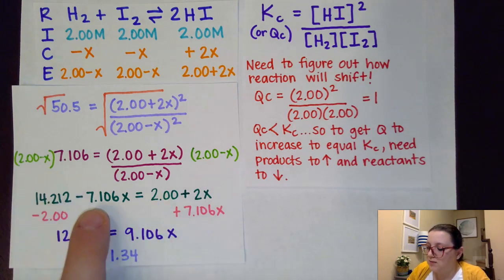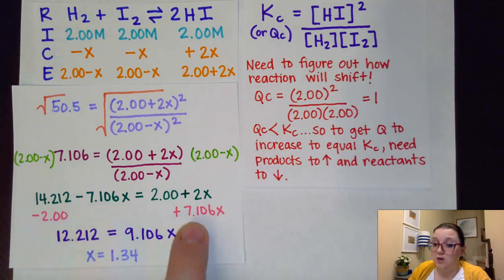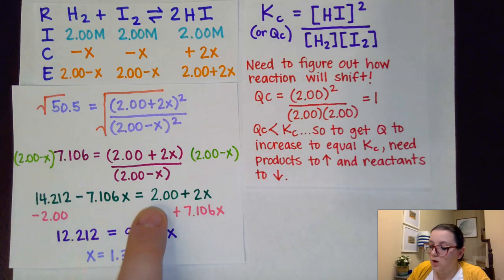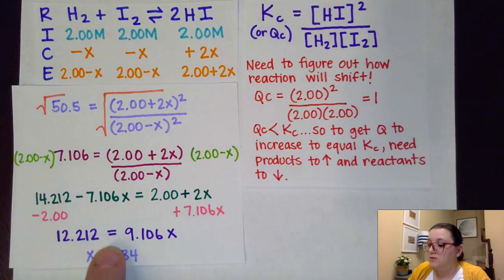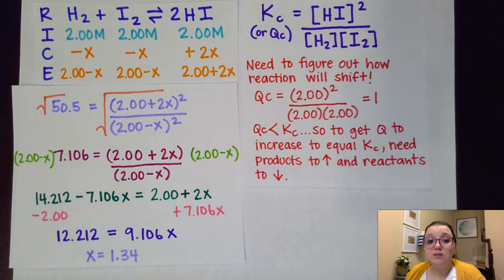So when I bring that 7.106x over, since it was subtracted, I added it over. To bring the 2 over, I subtracted it. And so that left me with 12.212 equals 9.106x. To solve x, I would simply just divide both sides by that 9.106 value. That gives me an x of 1.34.